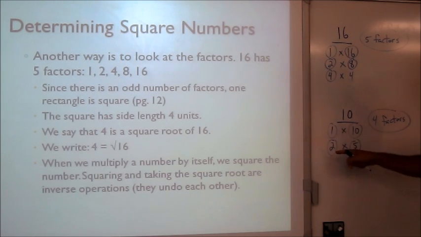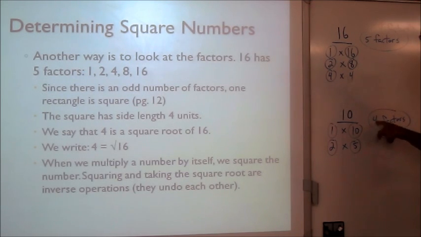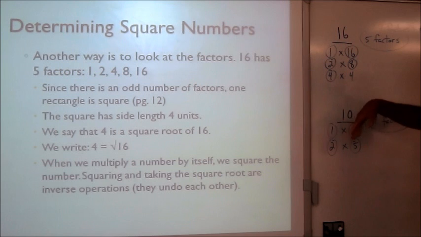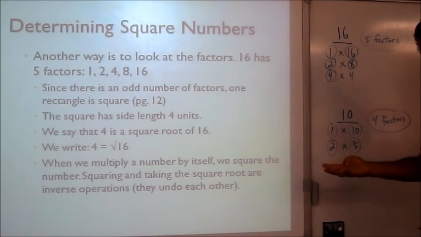None of these numbers appears twice in the factor table. So this number is even, and this is evidence that the number 10 is not a perfect square number. Okay, so that is another way to figure out whether a number is a square number: list the factors and figure out, is it an even number or is it an odd number? That tells you whether you're dealing with a square number or not.